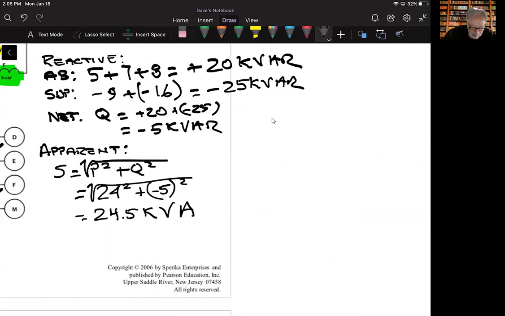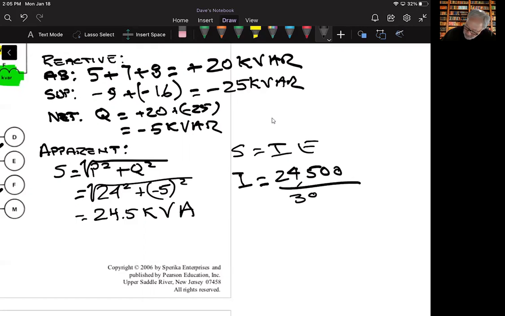If I wanted to know what the total current in this circuit is, I know that S is equal to I times E. Solving for current, I would have 24,500 volt-amps divided by my source voltage of 380, and I would have, for the total current in this system, 64.5 amps.